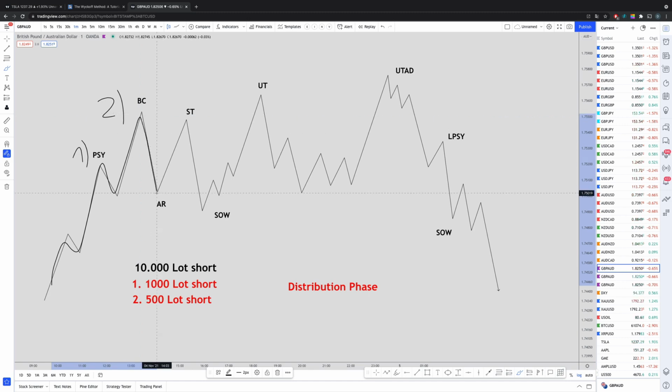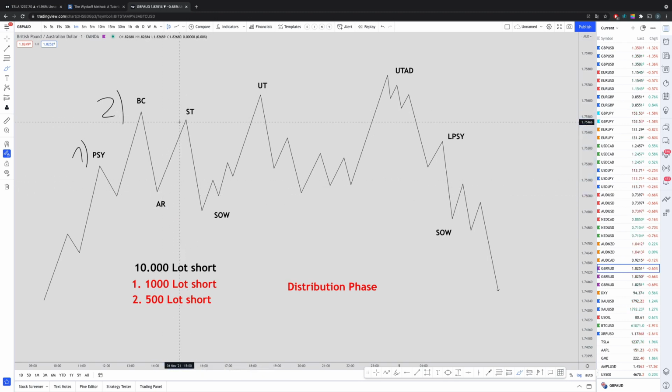The institution doesn't need to push the price up higher from here. They don't need to buy in order to bring the price up there, because they already have enough liquidity. This is where liquidity is generated. If you have an uptrend, liquidity is generated and the price will just pump up higher.